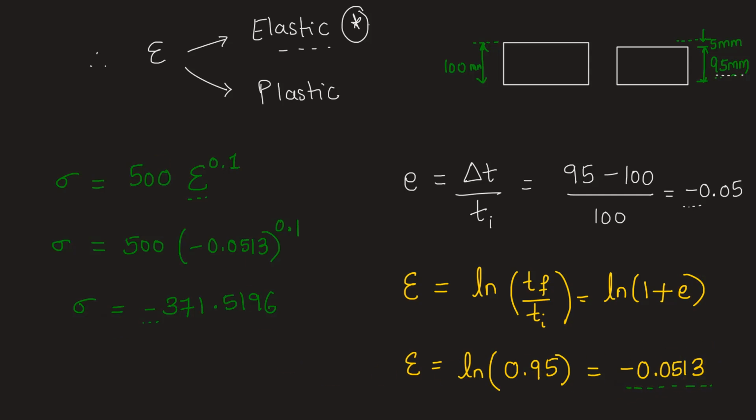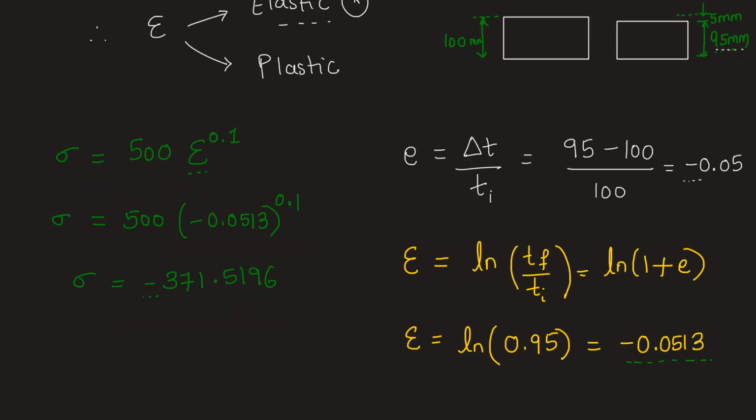After removing the load, there will be elastic recovery, and this elastic recovery will follow the path such that its slope will be equal to the initial slope. Let me draw the curve and show this to you. So we'll have stress and strain both in the negative side. This is the true stress, true strain curve. This curve looks something like this.